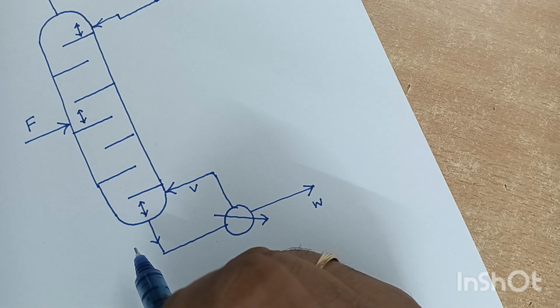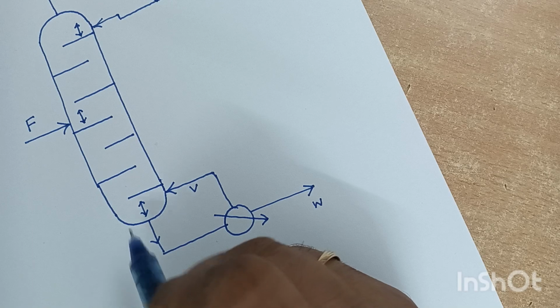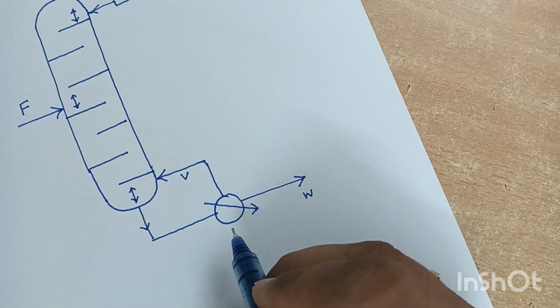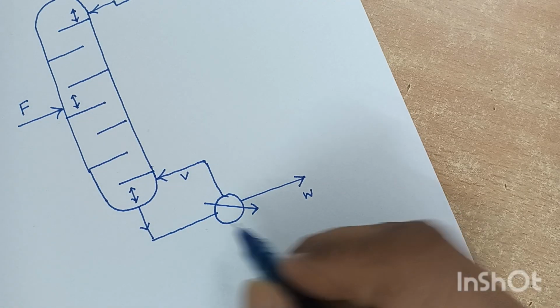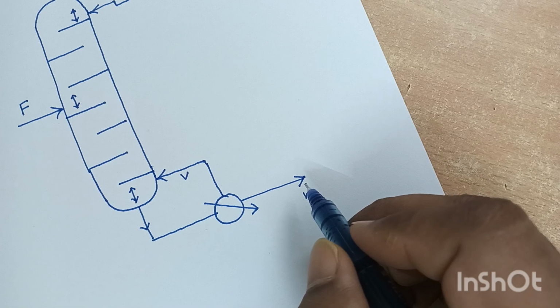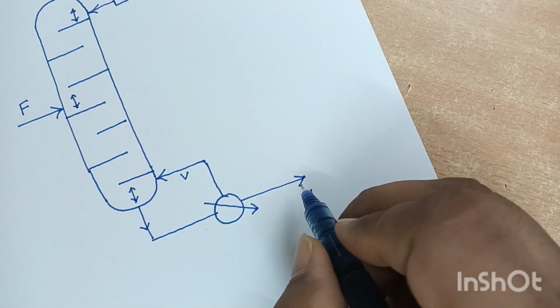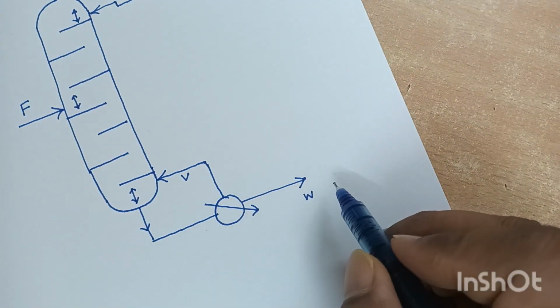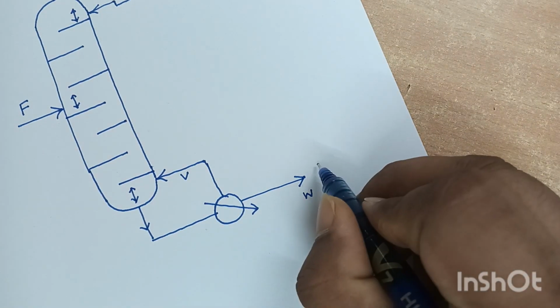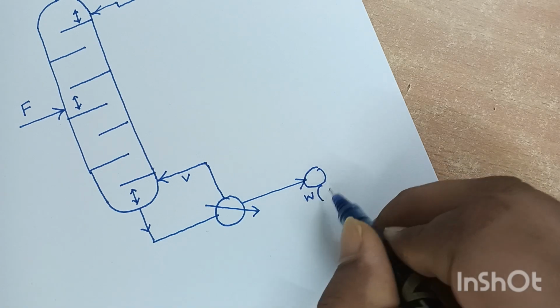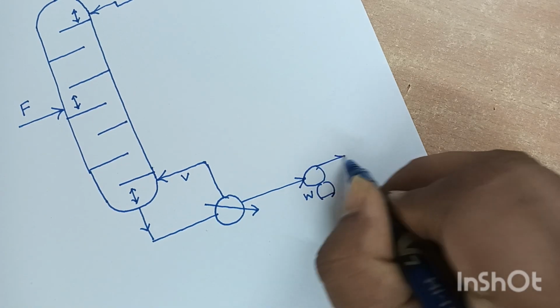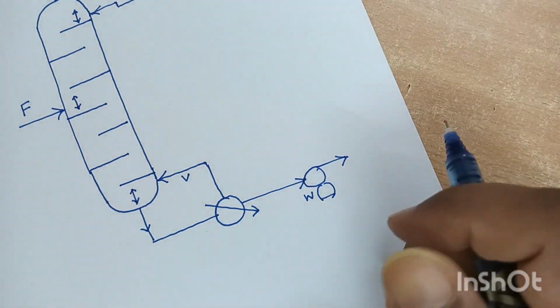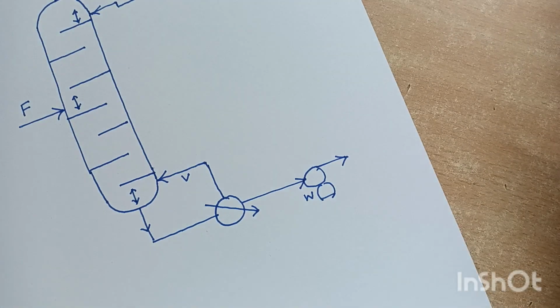The second reason is that the liquid height in the base of the column must be high enough above the elevation of the bottom pump. You might be a little confused about where the bottom pump comes in the diagram. When the different streams, whether the distillate stream or the bottom stream, come out of the distillation column, they need to be pumped out of the column to a storage tank or a different part of the process plant.